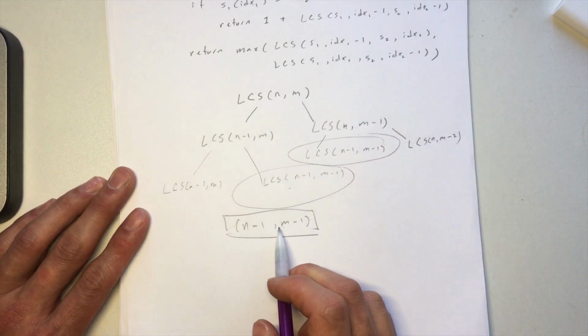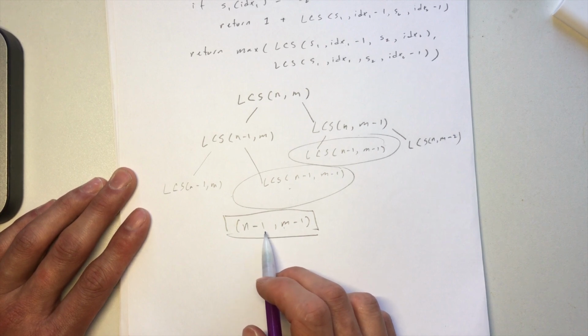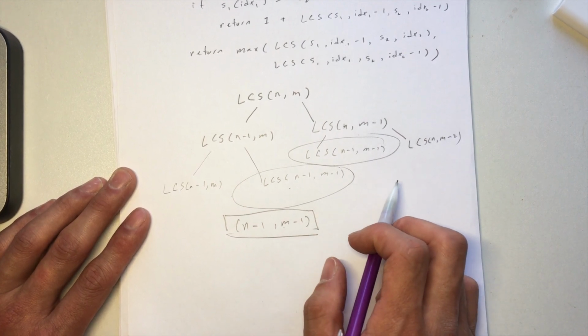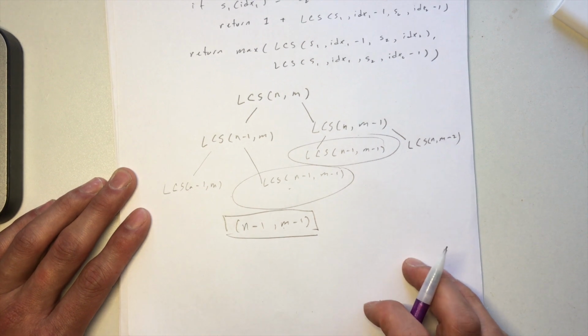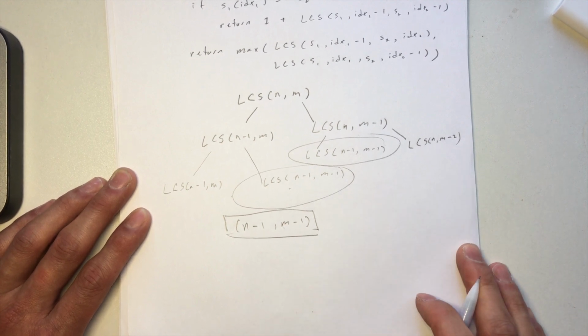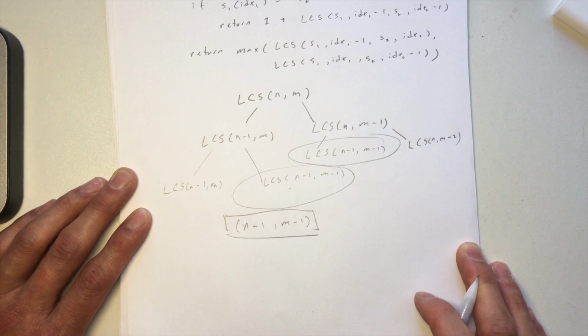But what happens is if we are clever and think about how to remember the state that we're in, so that instead of calculating the same problem multiple times, we just calculate the problem once, then the time complexity of this algorithm actually becomes polynomial, specifically n times n, where n is the length of the first sequence and n is the length of the second sequence.